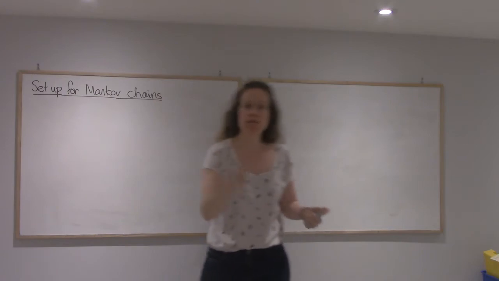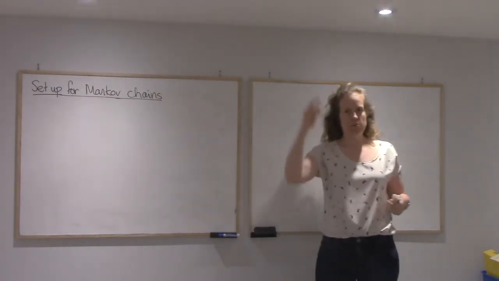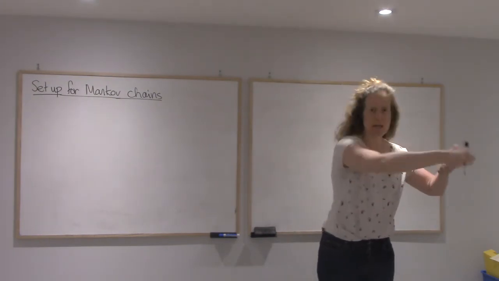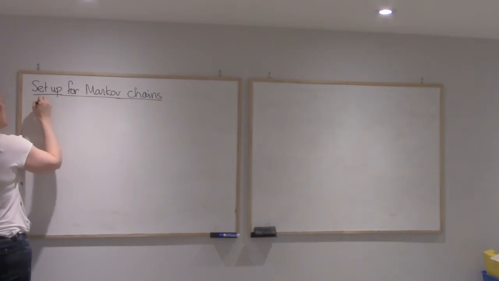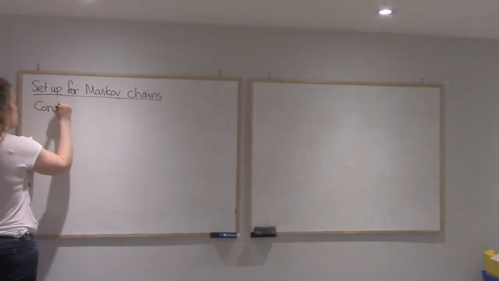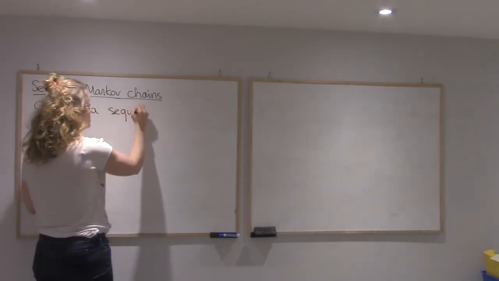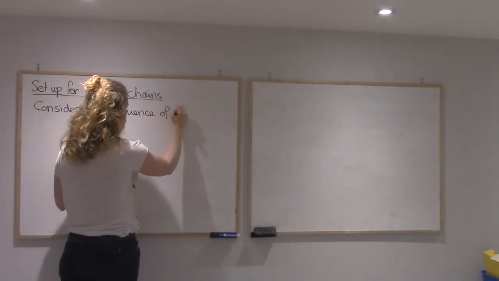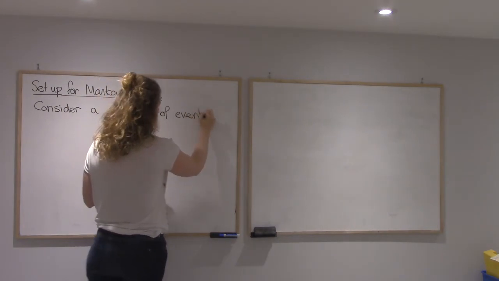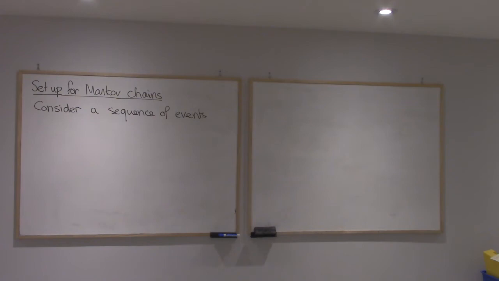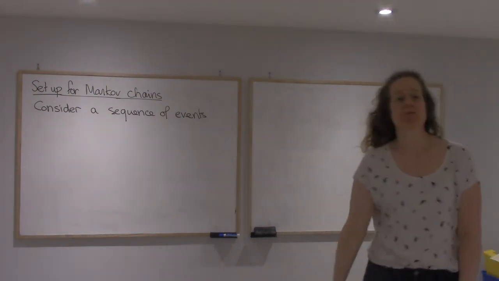Alright, so we have a sequence of events. For example, this election, next election, the election after that, and we'll be looking at what's going on in each. And we're going to ask that the number of possible outcomes of the events are fixed.